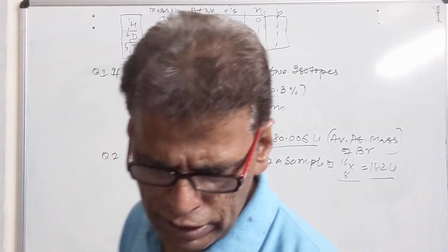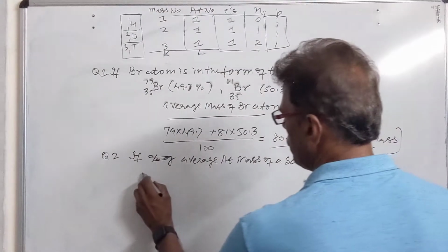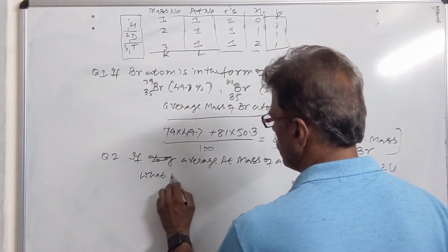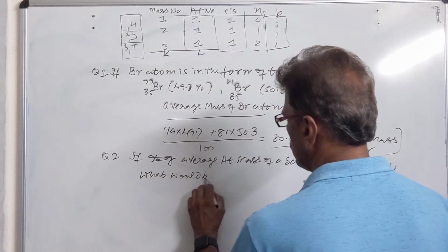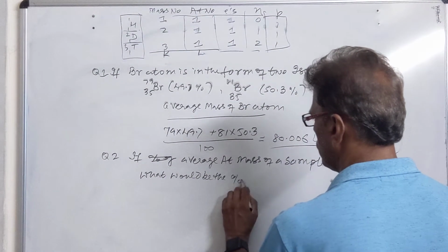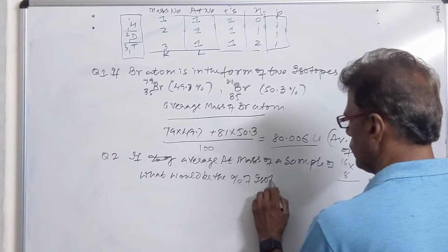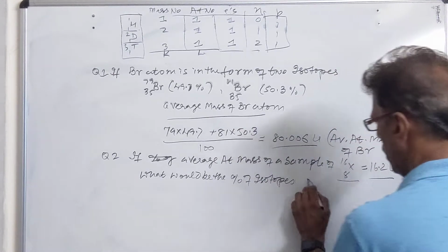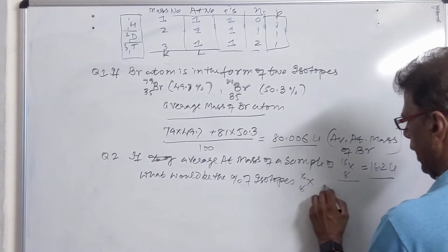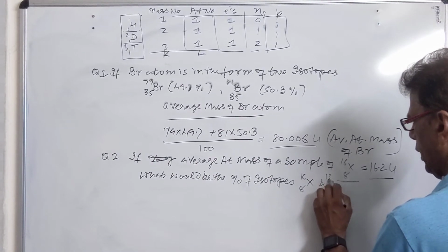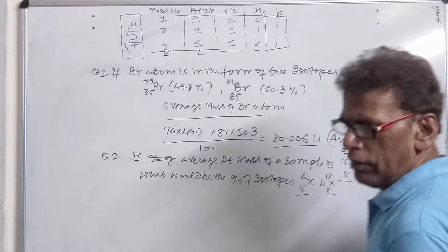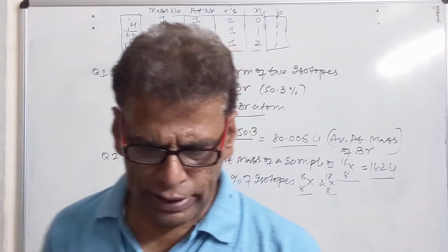What would be the percentage of isotopes X 8 16 and X 8 18? So we have to find the percentage.